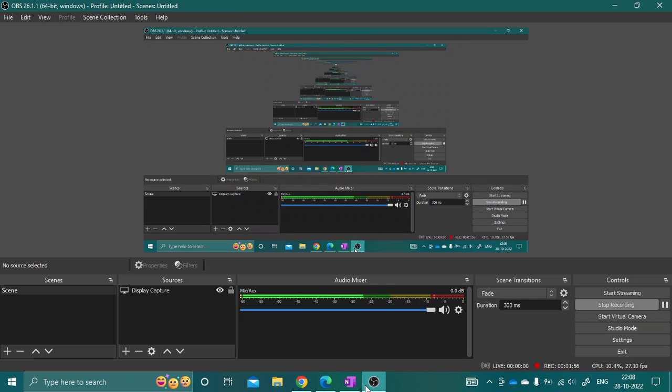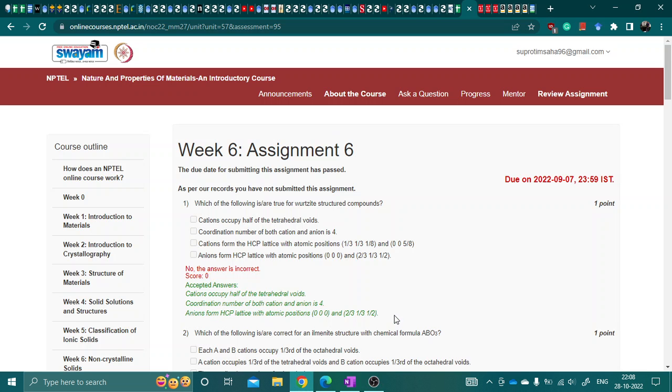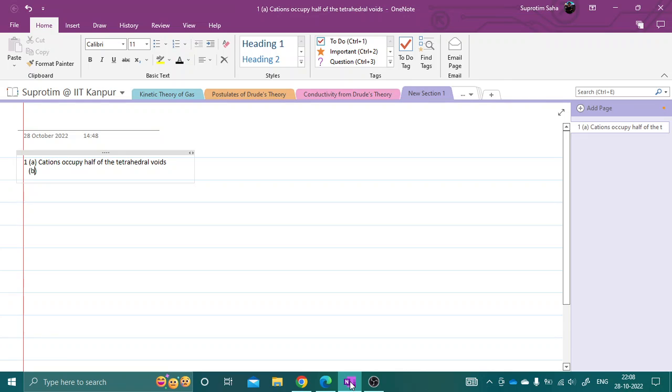Option B would also be correct, where the coordination number of both cation and anion is 4.